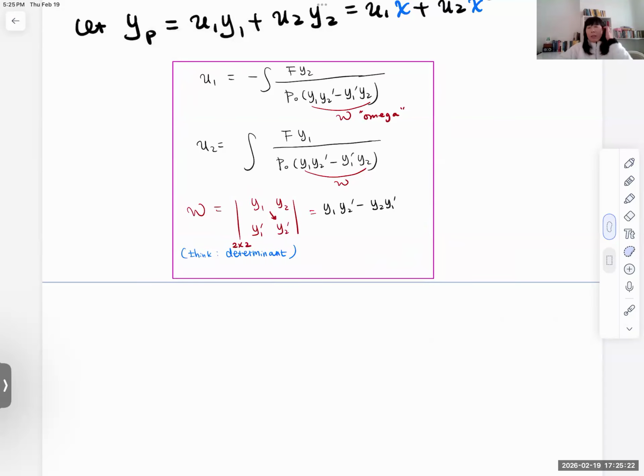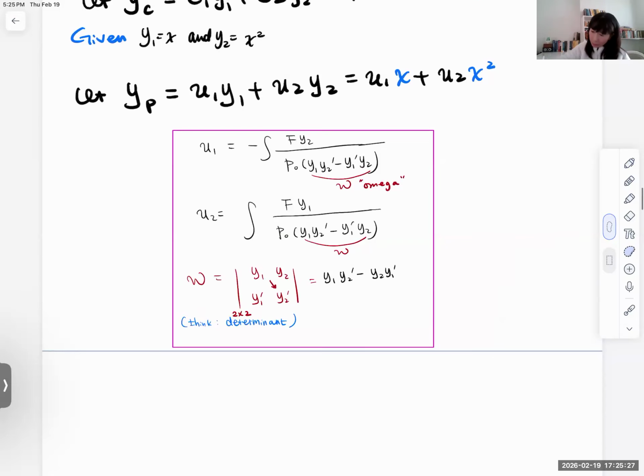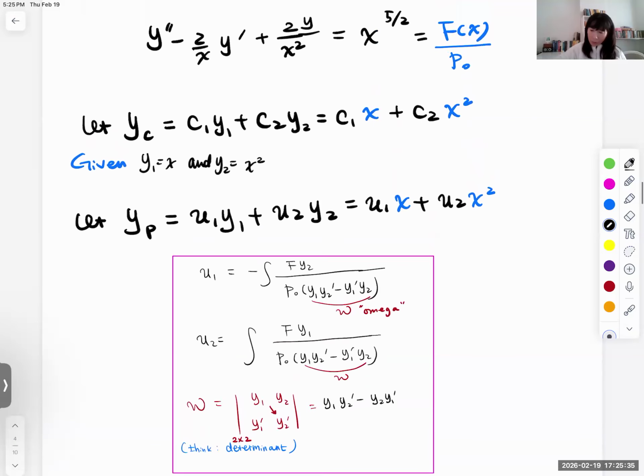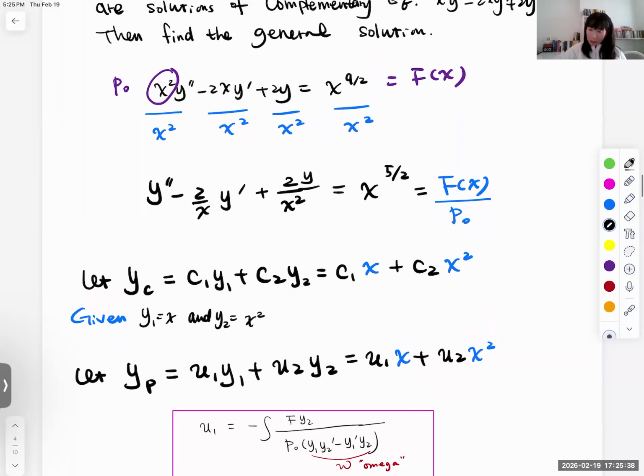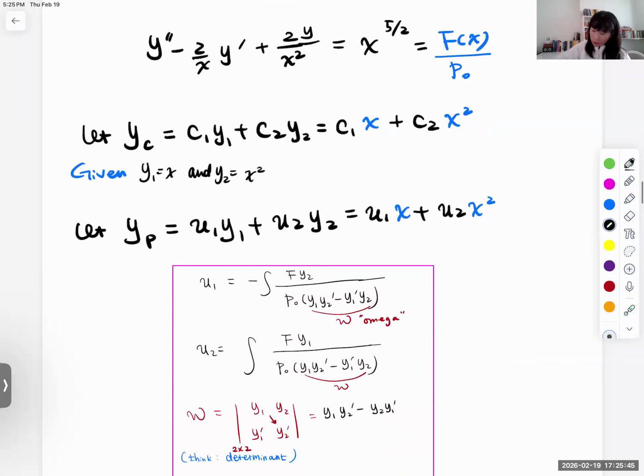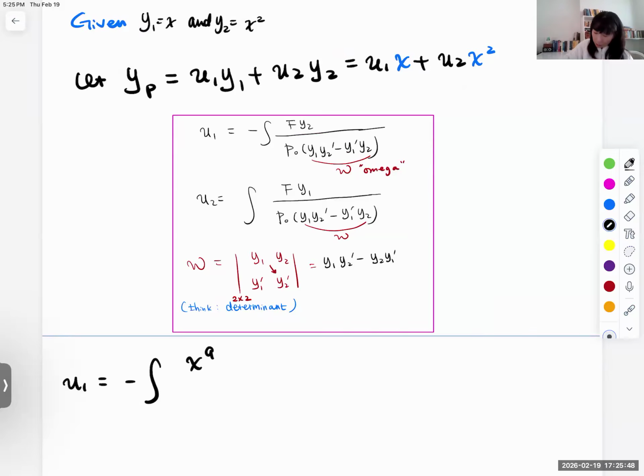Okay, I want to find u sub 1. So u sub 1 is minus the integral of f. F in that case is x to the 9 over 2. That's the f, right? And y sub 2 is x squared over p naught.